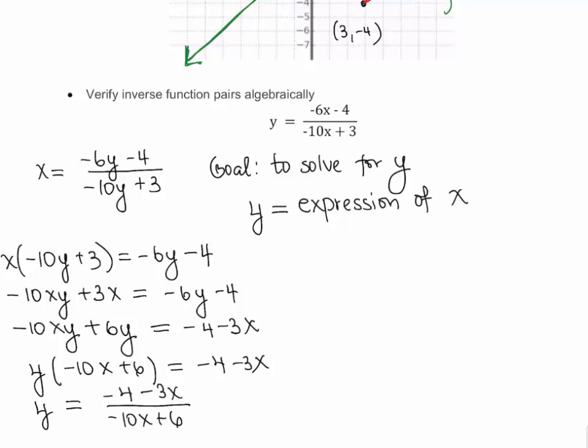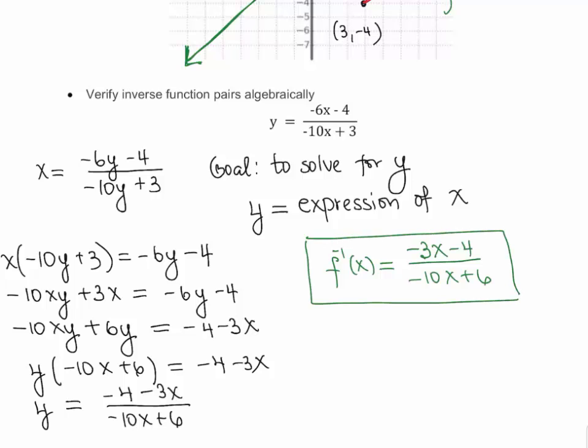Which means what is our inverse function? The order doesn't really matter, but we typically write negative 3x minus 4, so the term with x goes first, and on the bottom we get negative 10x plus 6. This is how you find the inverse of the function that's given to us.